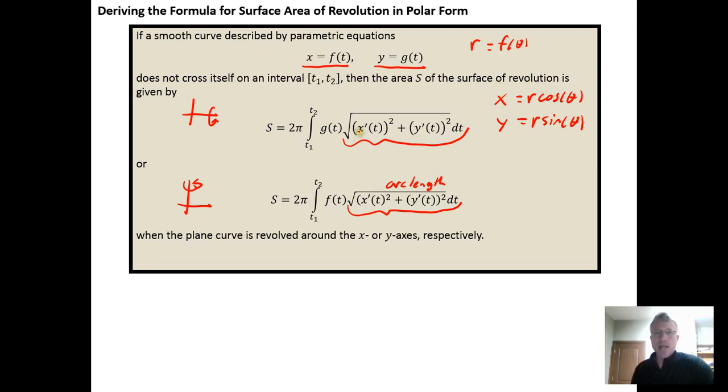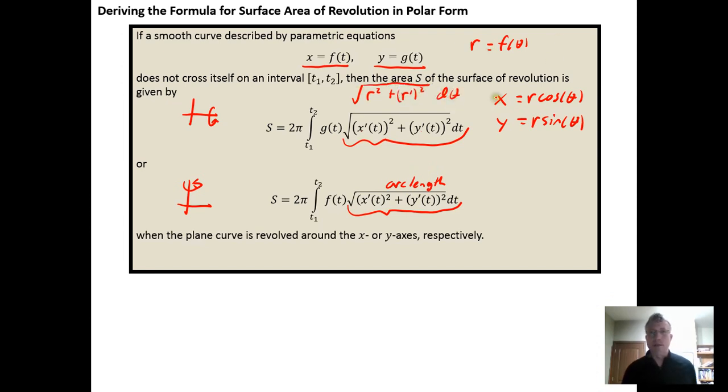And the moment we do that, we can apply this directly to those parameterizations, and we did that two videos ago. We actually did this parameterization process and came up with the arc length formula in polar form. We discovered that we could calculate the arc length by taking the square root of the radius squared plus the derivative of the radius squared, d theta.